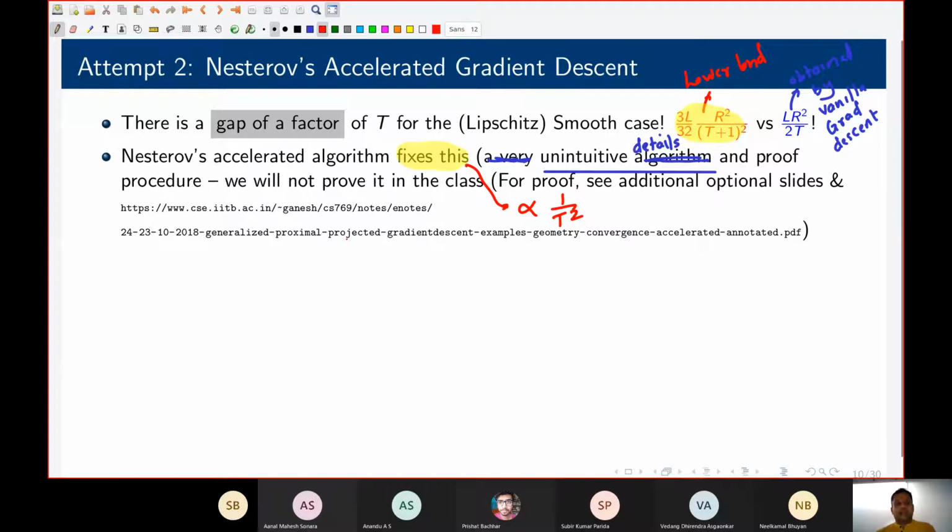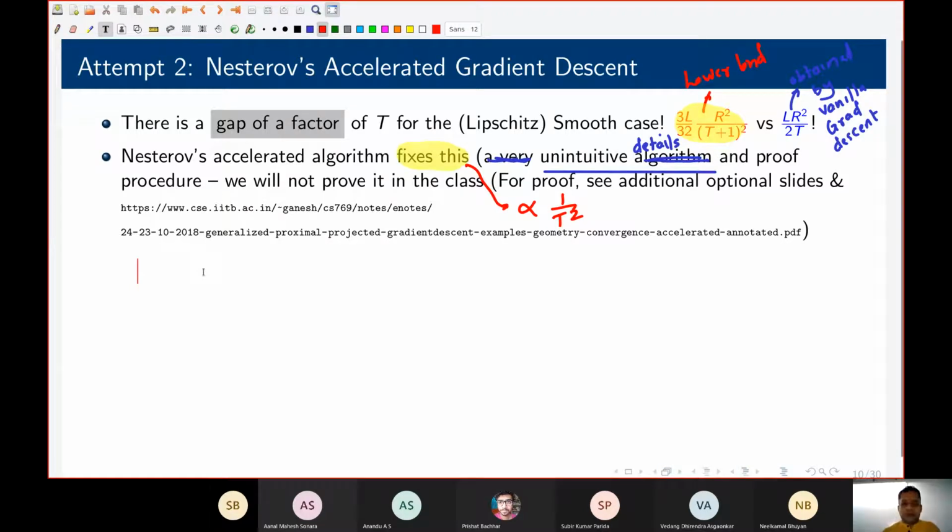And the thing is, in these notes, I'll make a bunch of comments here. I don't present Nesterov only for gradient. I present this for something called generalized gradient descent. And even there, I present a couple of possible cases under which this holds.